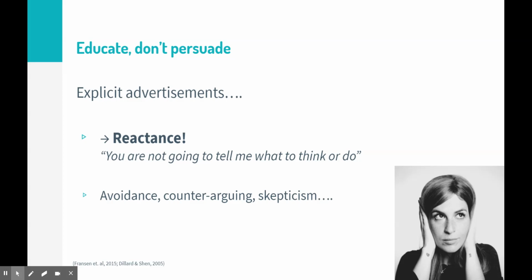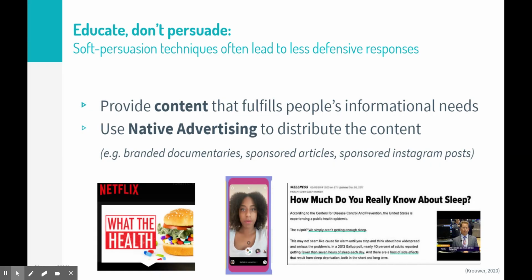Now, this often doesn't work because I've just explained that when you really try to push people or force them into something, they often become resistant. However, what we have found is that different reactions occur when people are not forced to view a persuasive message, but instead they really decide themselves to consume certain information or certain content.